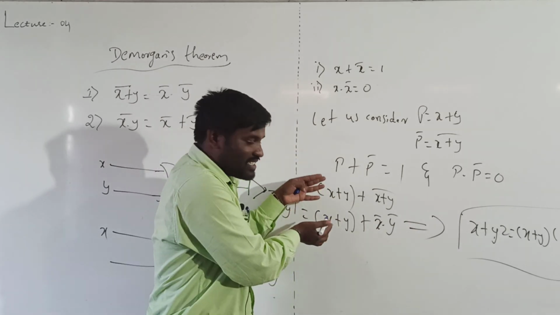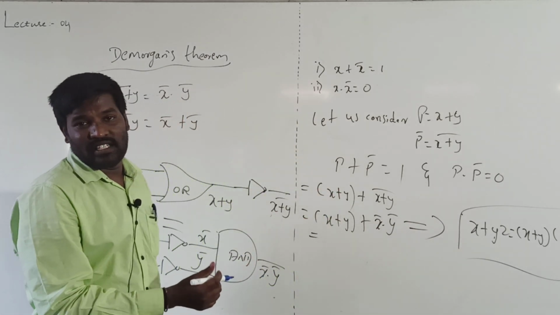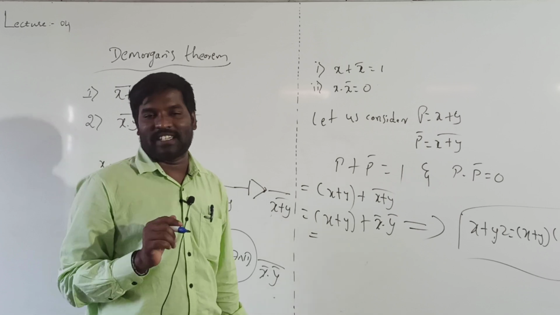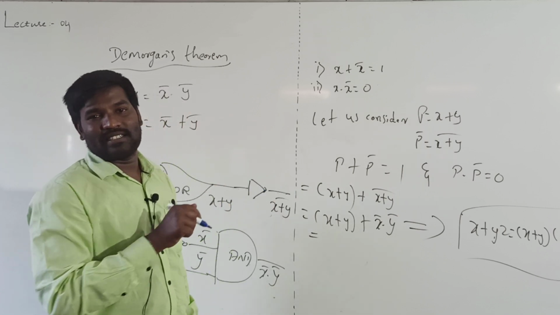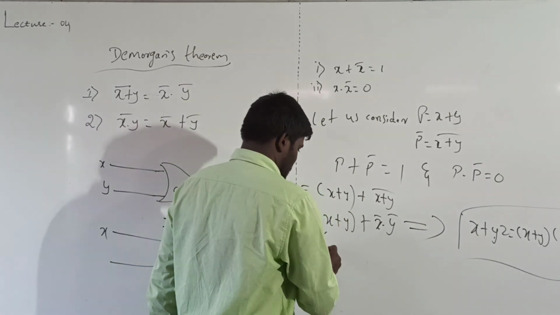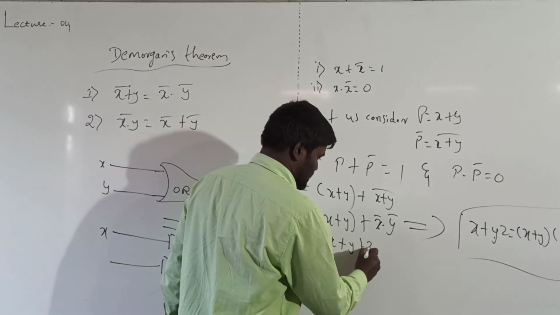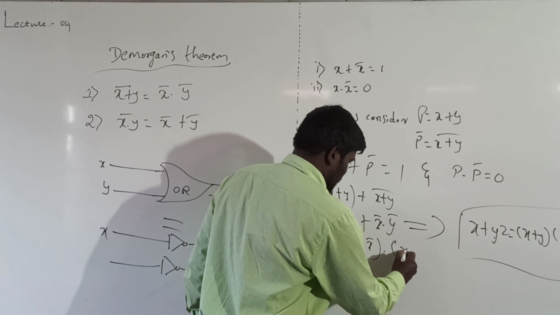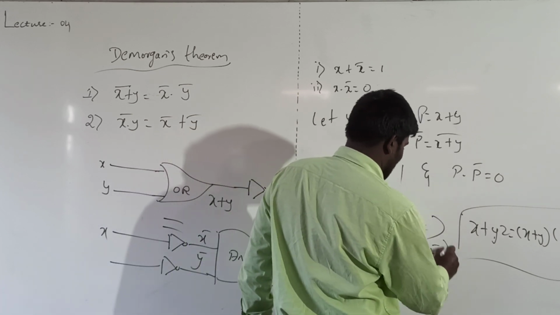Instead of x, here the term is x plus y, and x plus y is considered as one term, and I can apply that distributive law. After applying the distributive law, it becomes (x plus y plus x bar) into (x plus y plus y bar).